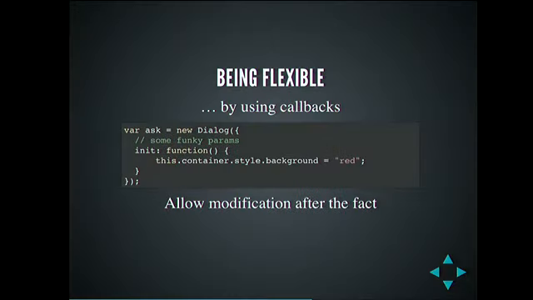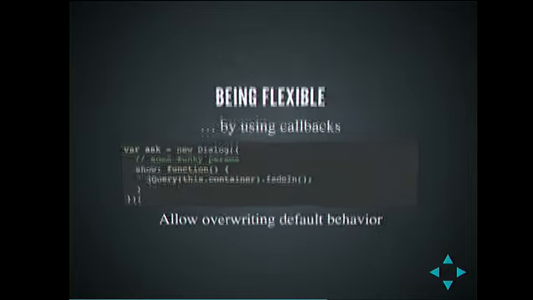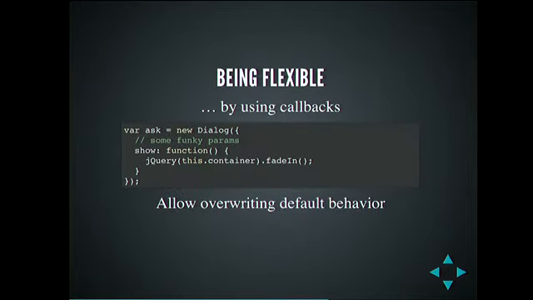Or you can use callbacks. Whenever I create a new dialog, run this init function, if it was supplied, and have it do whatever you want to do. Make it a red background. Whenever that dialog is shown, there's an animation involved.